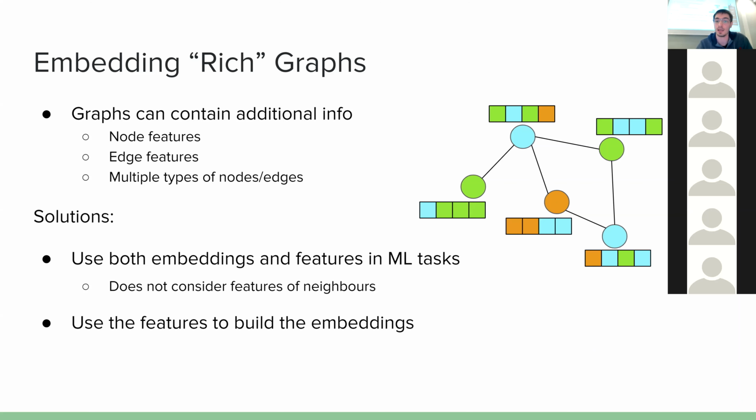So the embedding will be able to tell us, okay, our target blue node has a lot of green friends and a few orange friends, for example. And this can be very important in order to provide an accurate answer regarding the behavior of our target node.